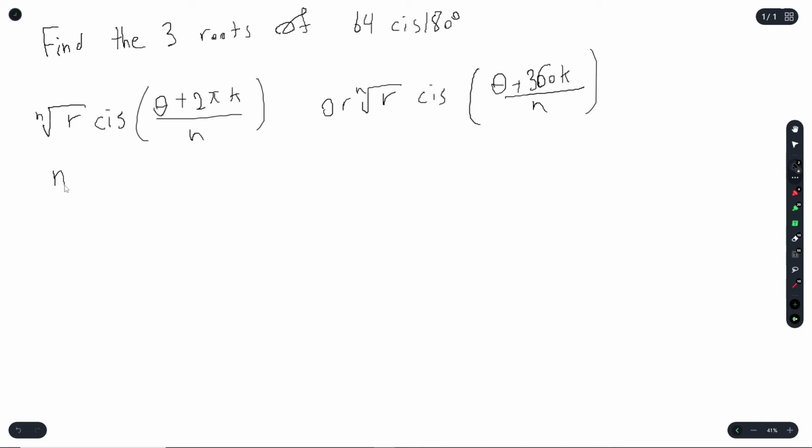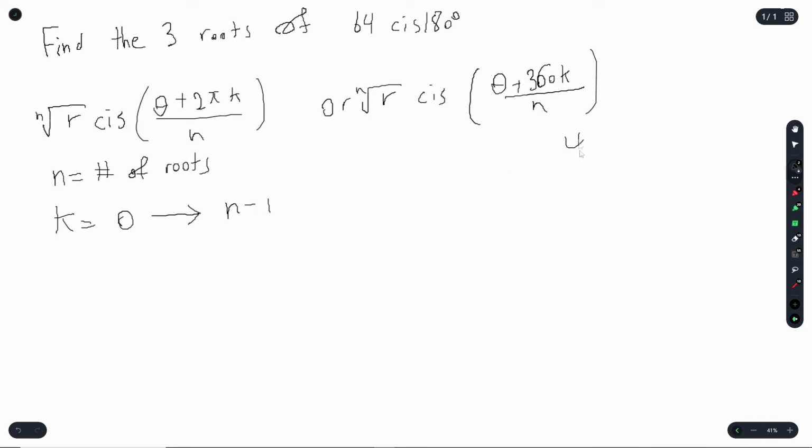So n is the number of roots, and you can think of k as like a rotation. So k will always start from 0 and then go to n minus 1.